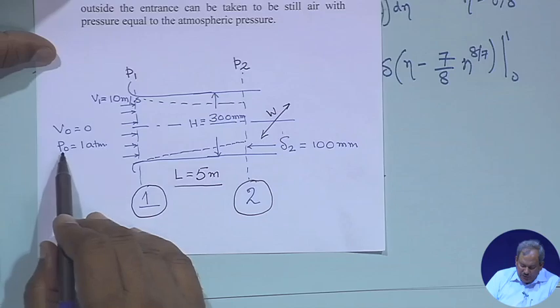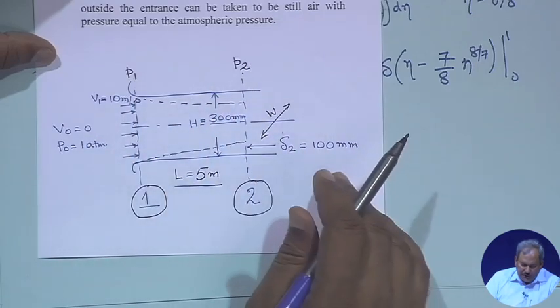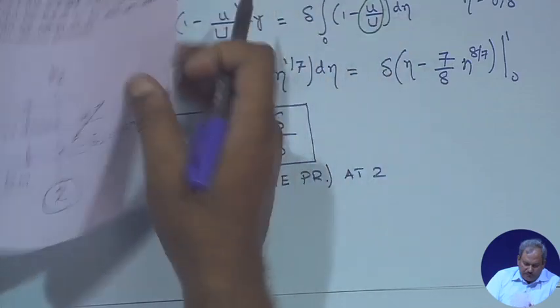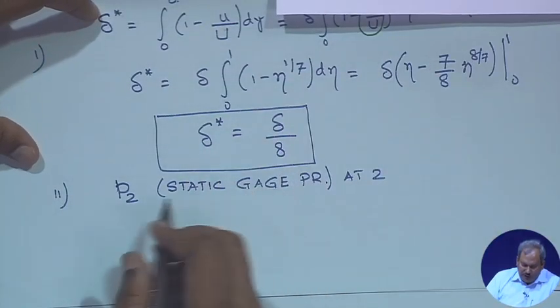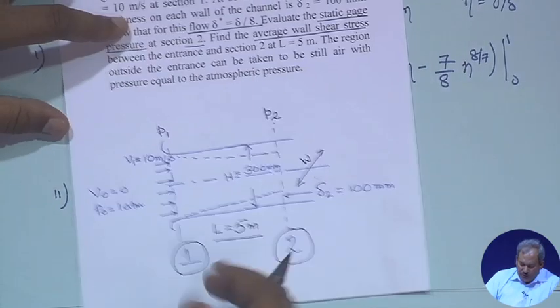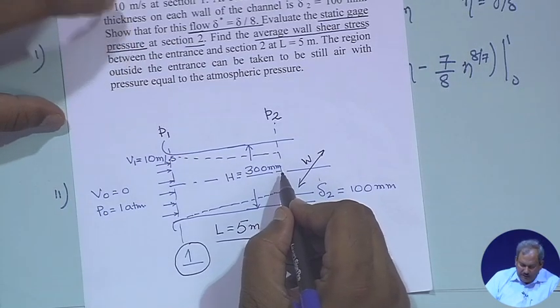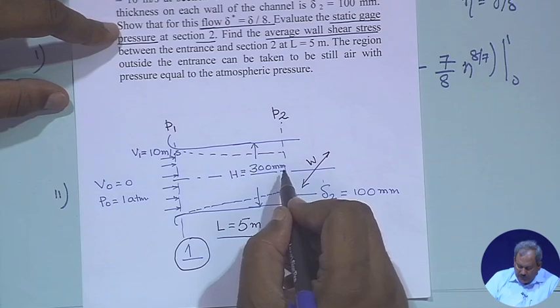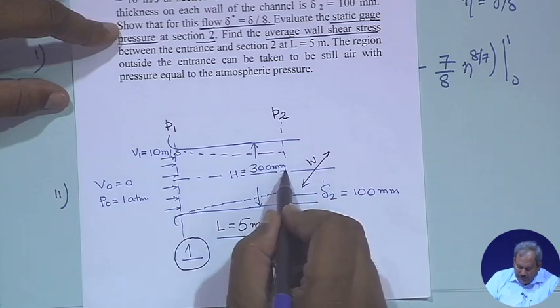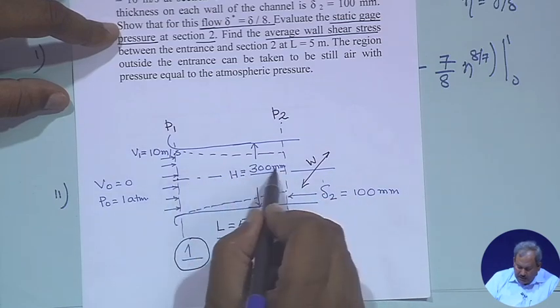So, the gauge pressure outside would be equal to 0, and we need to see what the gauge pressures are at these points. The first thing we need to do is find the velocity at location 2, because if we know the velocity at this point, only then can I write Bernoulli's equation between 1 and 2.